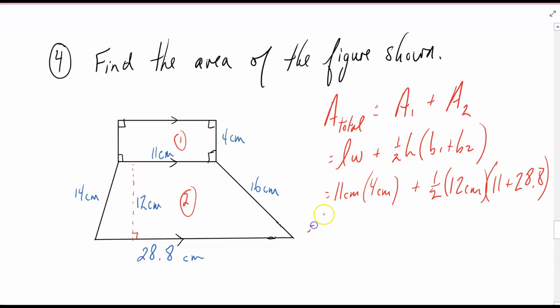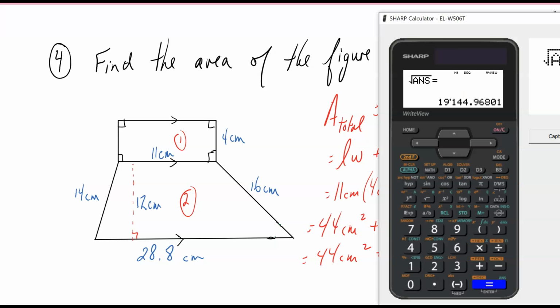Okay, what have we got here? 11 times 4, 44 centimeters squared, plus 1/2 of 12. Let's call that 6 centimeters. And in brackets, we have to do 11 plus 28.8. That will be 39.8 centimeters. And now 44 centimeters squared plus 6 times 39.8.